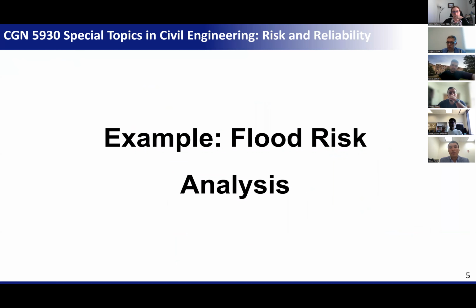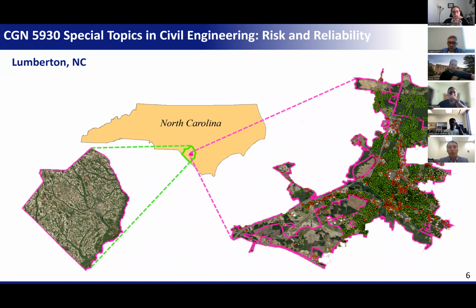As an example for the flood risk analysis, we used Lumberton, North Carolina. Lumberton is a small city within Robeson County in North Carolina. We have detailed information about the buildings within Lumberton. The entire state of North Carolina has very detailed, one of the most detailed, information about the buildings.